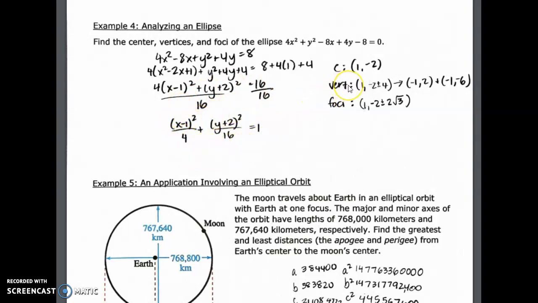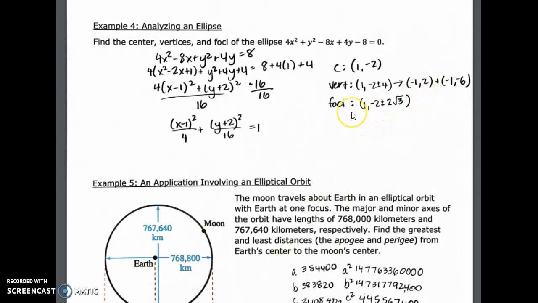So I can find my center by pulling it from the equation. My vertices are along the major axis. Remember, the major axis is vertically aligned, so I'm going to add my a value and subtract my a value to my y's. So my vertices are going to be up and down 4 from the center point, (1, -2). So that gives me (1, 2) and (1, -6).